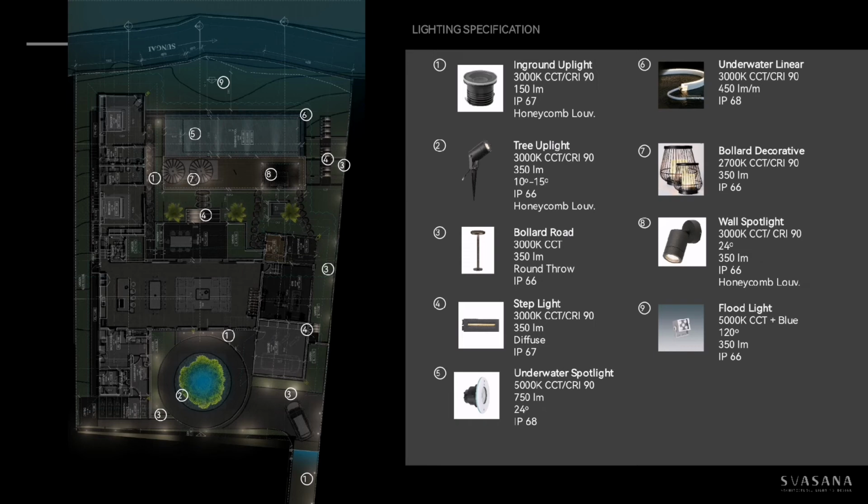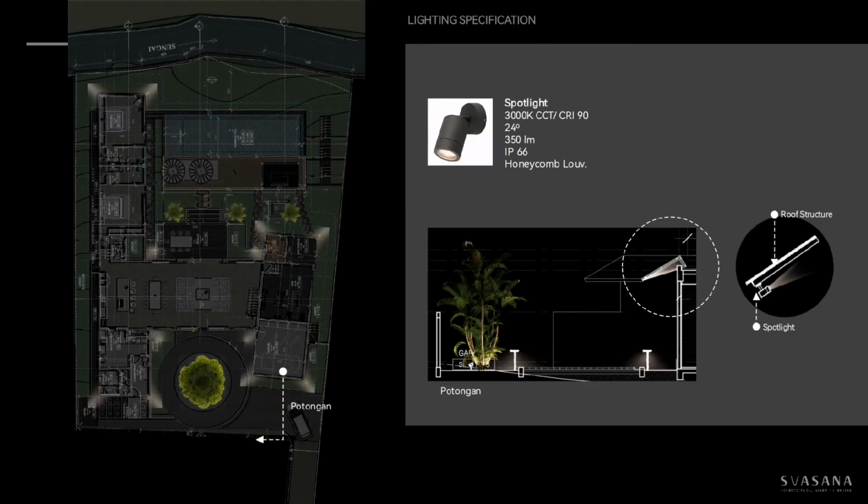Number nine is the light for the perimeter. Here for the perimeter, if we have trees, I think we need to highlight them also with natural white color. Next, for the facade, for the roof, we highlight it with the spotlight like this, so you can see the details here.